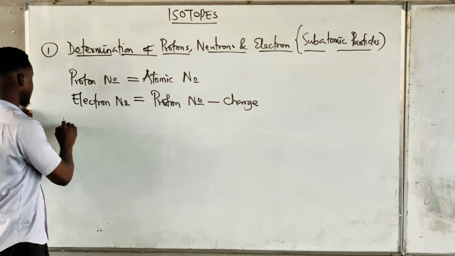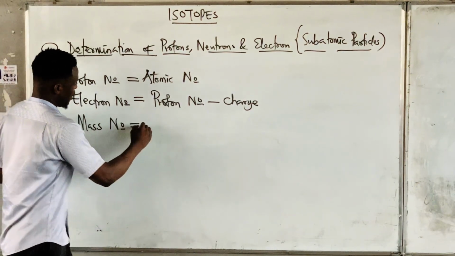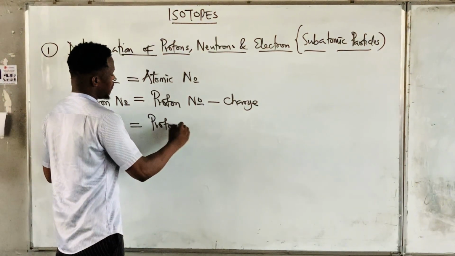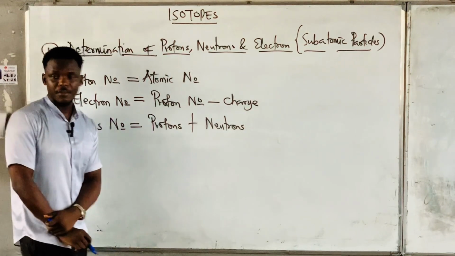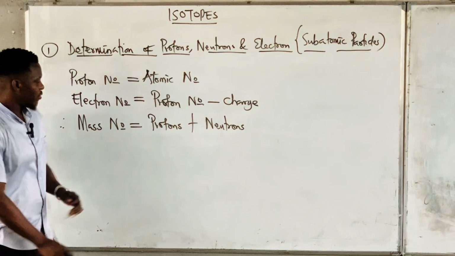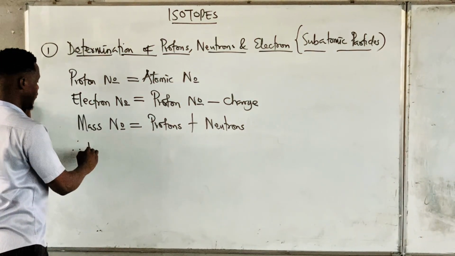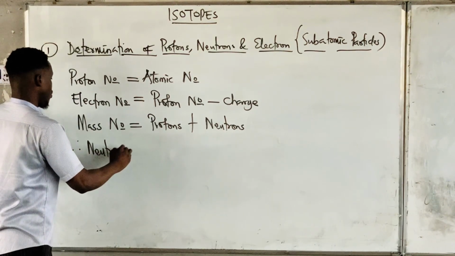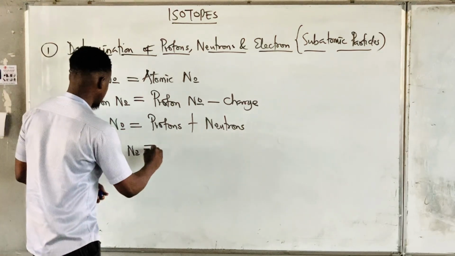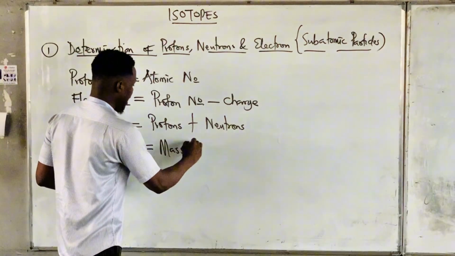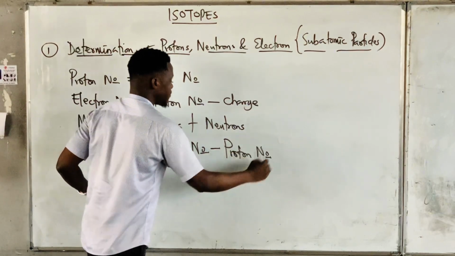Now, how do we solve for neutrons? We have that mass number is equal to protons plus neutrons. If you make this the subject of the formula, neutrons, which is the same thing as neutron number, is equal to mass number minus proton number.